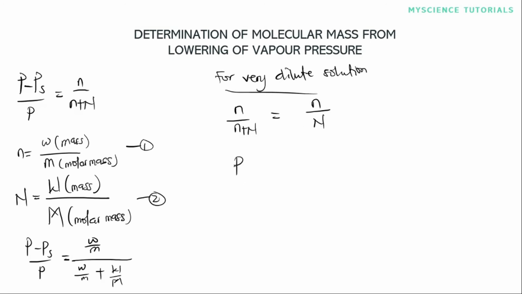That means our P minus PS on P becomes small n over capital N, which is what?